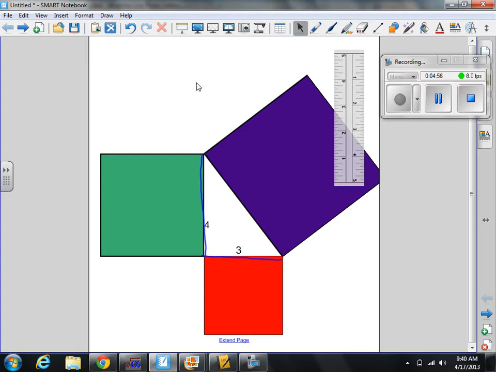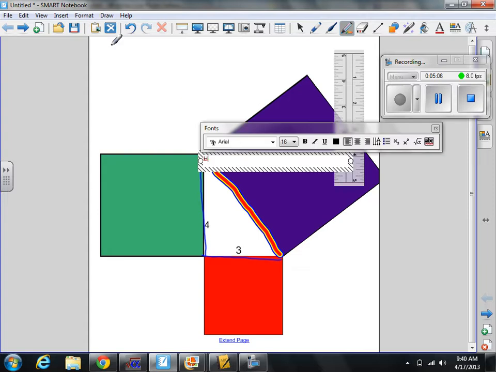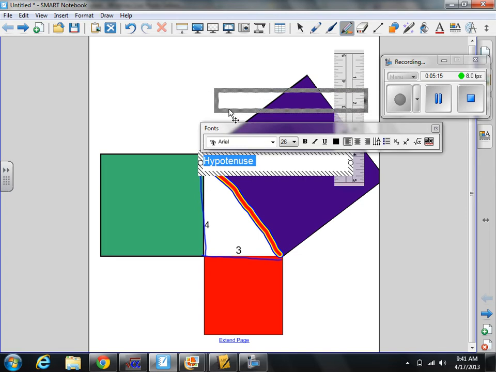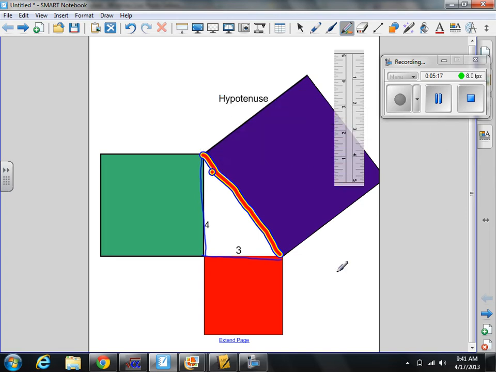And this longest side here, and I'll highlight it with this fun color here, is what we call the hypotenuse. Ready? Hypotenuse. Hypotenuse. This is what we call the longest side of the triangle. I don't make this stuff up, guys. I just keep it.